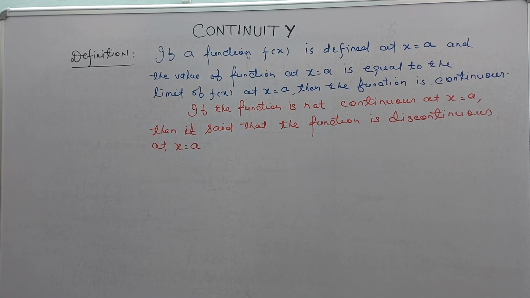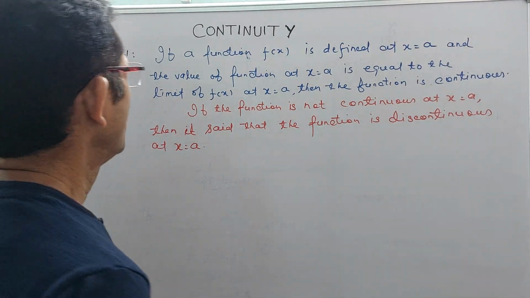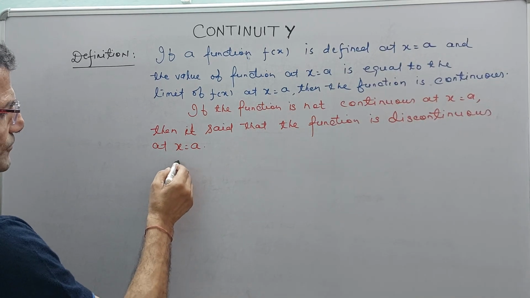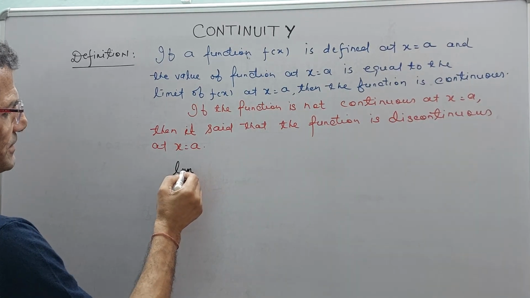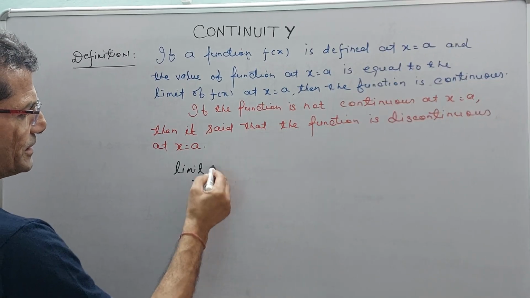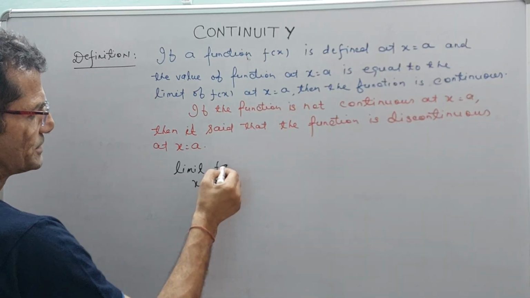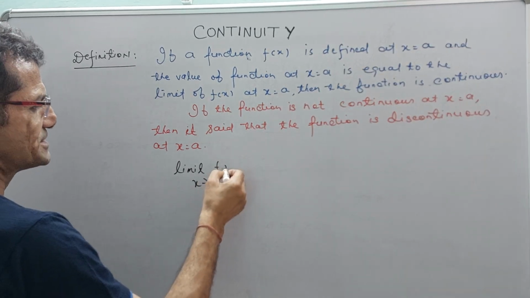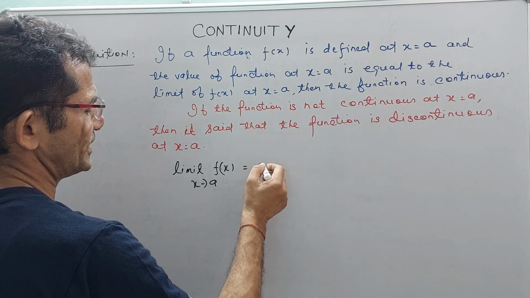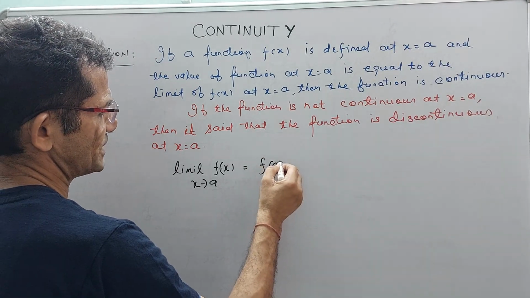So now these are our definitions. In the language of mathematics, the limit of f(x) as x tends to a is equal to the functional value of the function at a, which is f(a).